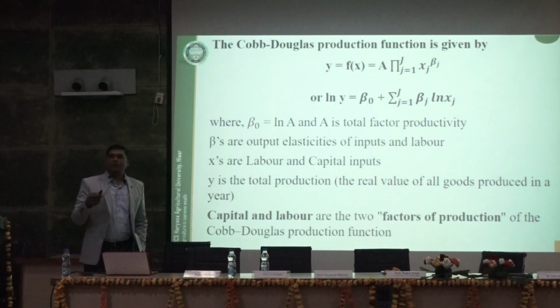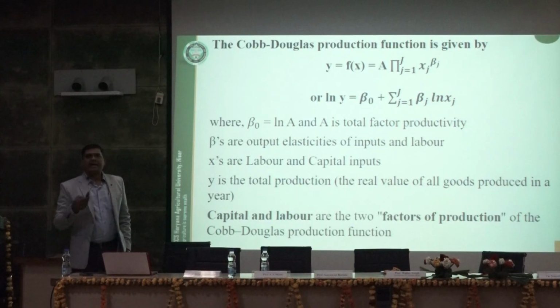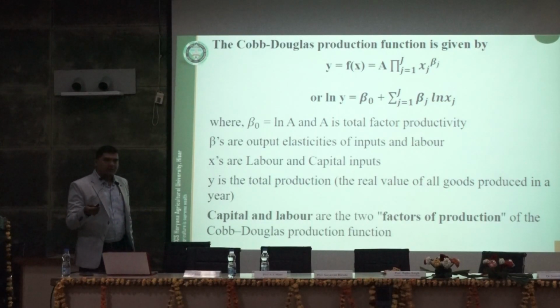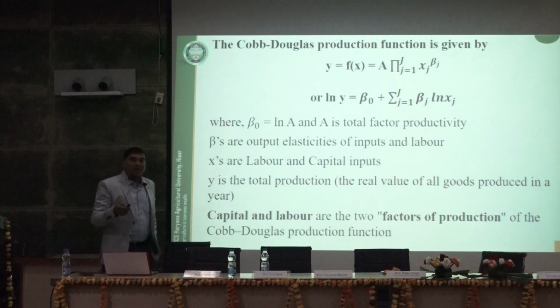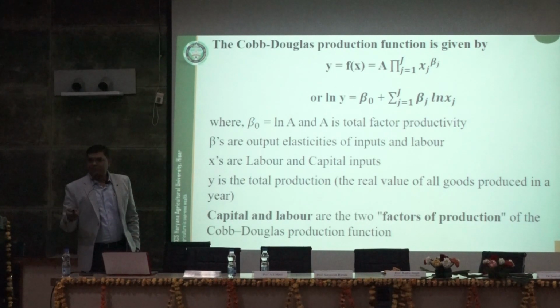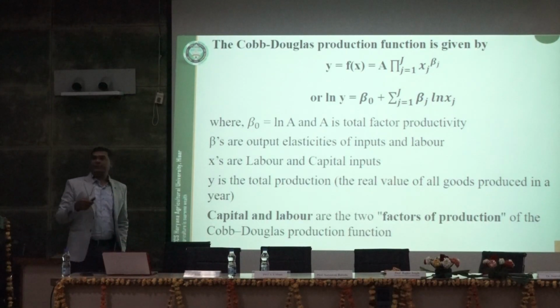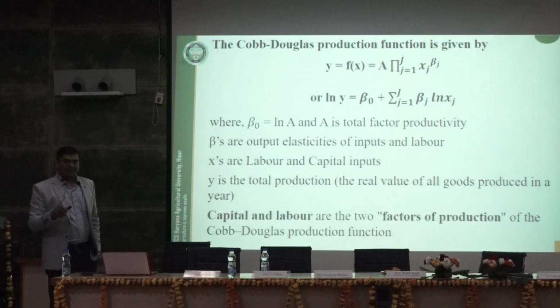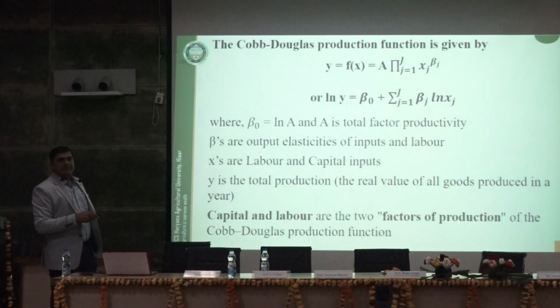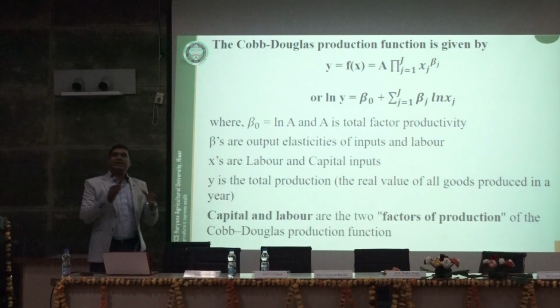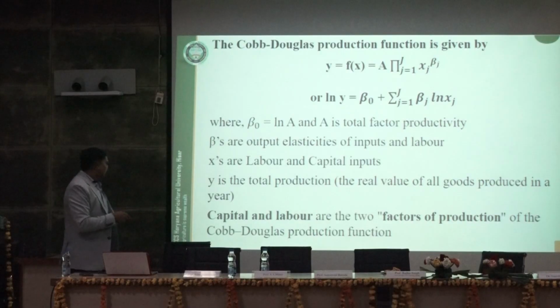Then the number of cattle is your input variable. Say, the number of hours that we use to produce the milk. These are the input variables only, so these are the x_i only. And y is the total production, that is the real value based on the input variables.